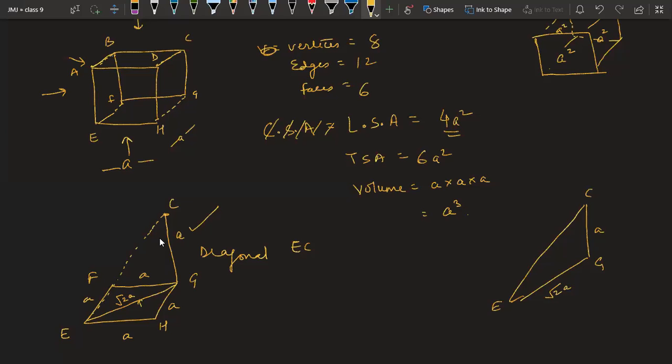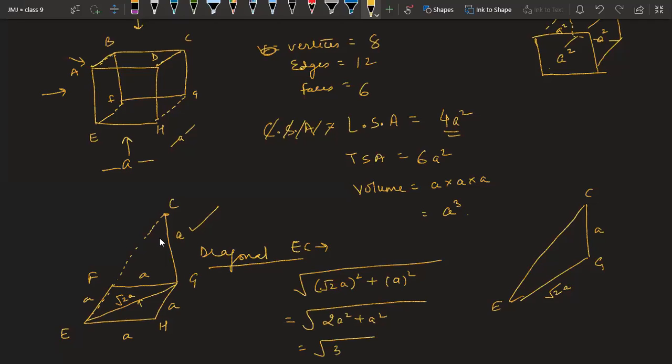Again, we will apply the Pythagoras theorem to find this length of diagonal EC. For that, simple root square of that will be plus a square, and it becomes 2a square plus a square, and the answer will be root 3a square or root 3a. Yes, this is the diagonal.